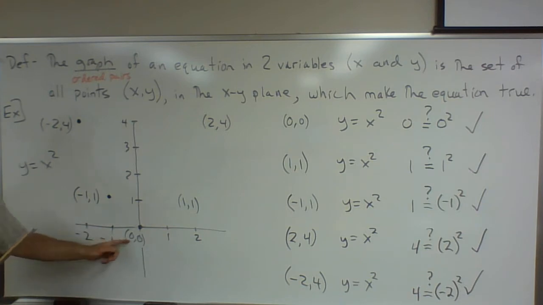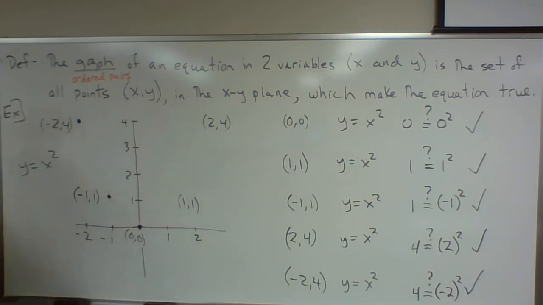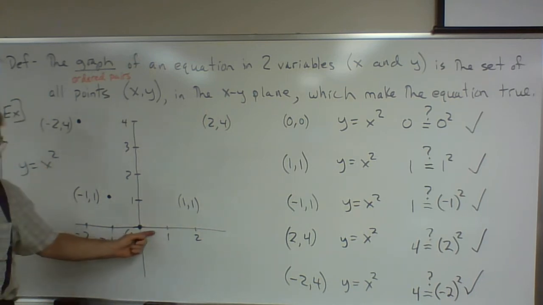And then I moved over again and I took x equals 0, put it in the equation. I squared x equals 0, I got 0. So that's what y should be. So I wrote this point, 0, 0, on the graph. Then I moved over a little bit more to the right.